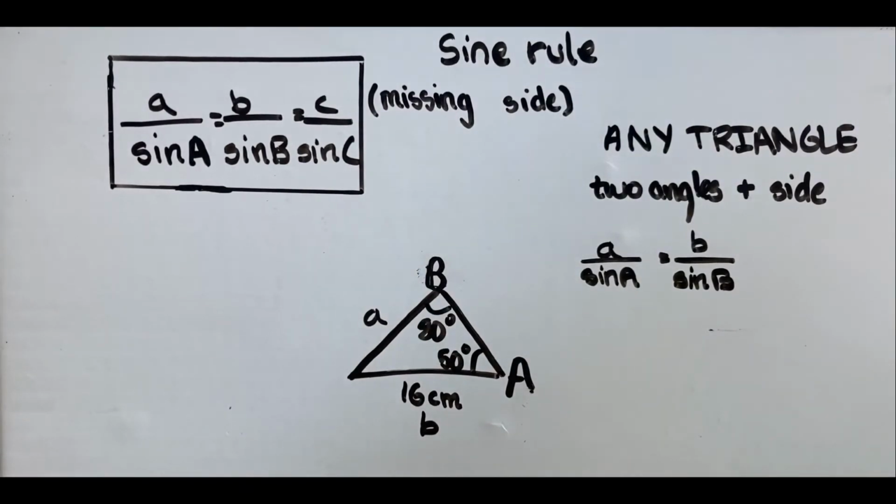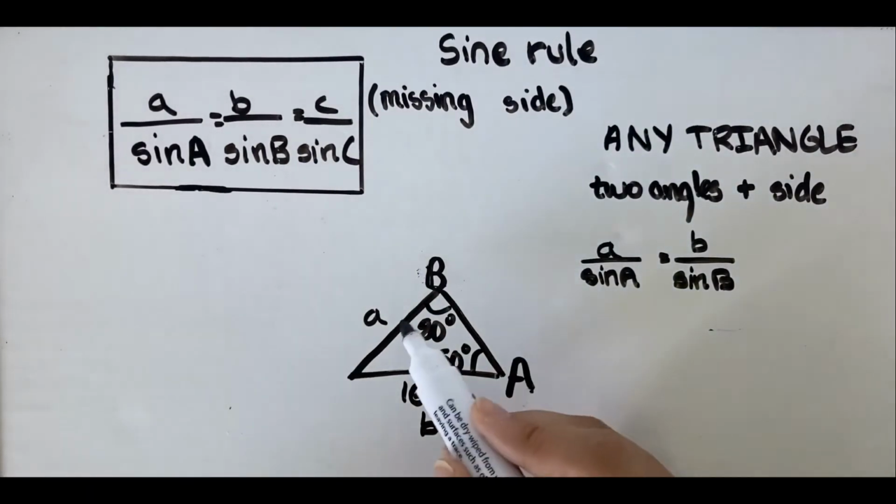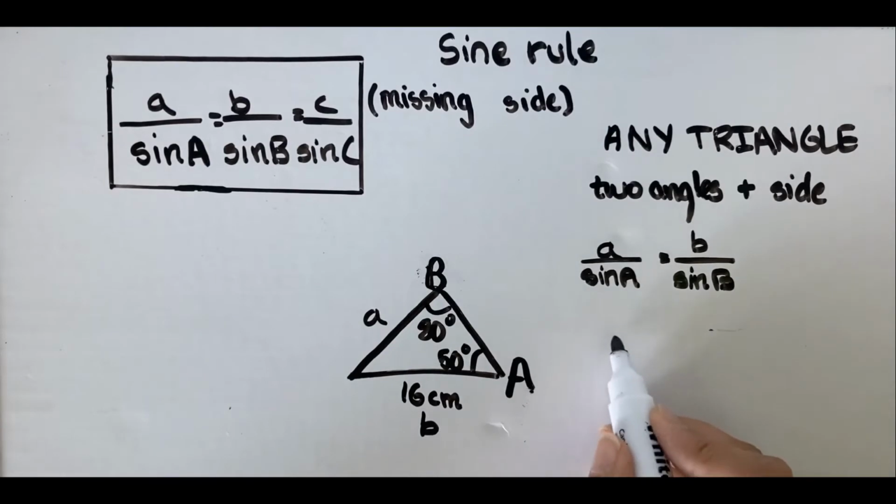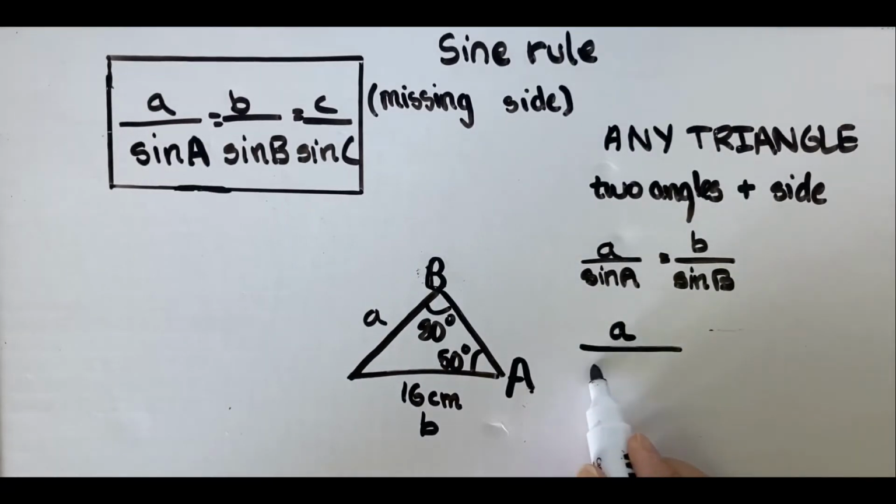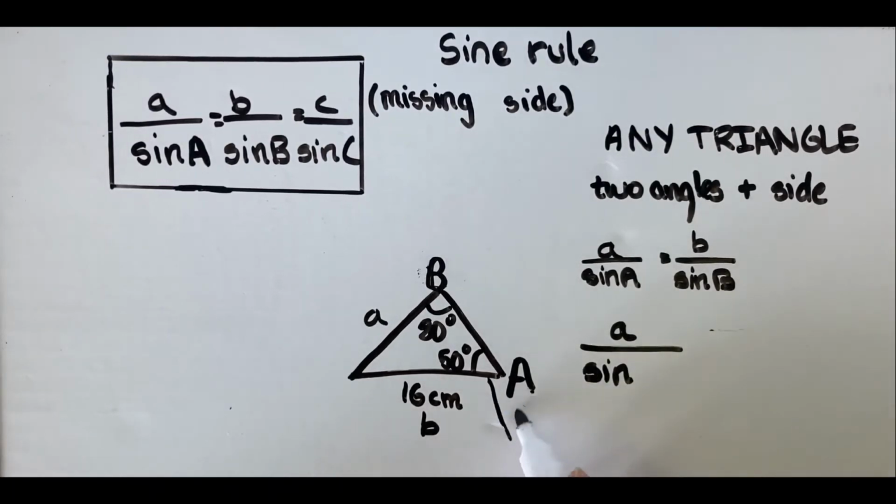Now, let's substitute the values in. a is what we're looking for, so we're going to leave a as a. Now, it's going to be sine, and it's going to be big A. Now, we can see here, we have big A here, and that's 50 degrees. So we put sine 50.